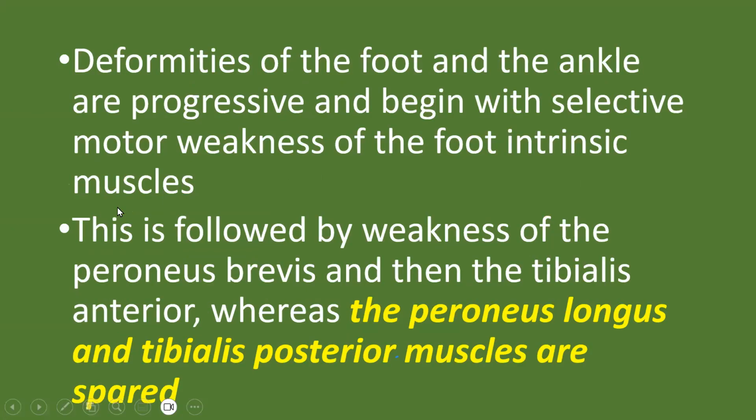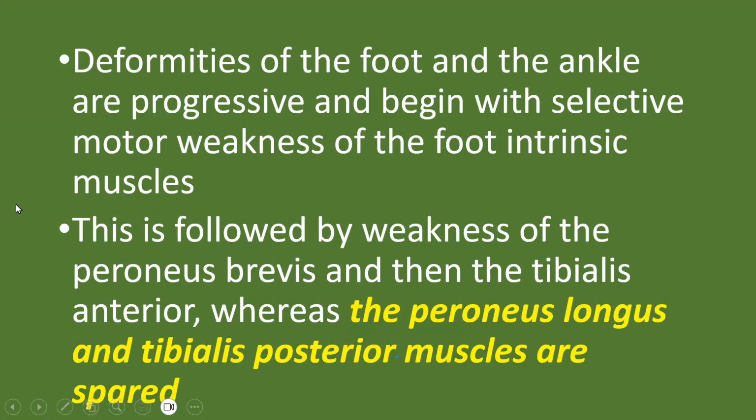Deformities of the foot and ankle are progressive and begin with selective motor weakness of the foot intrinsic muscles. This is followed by weakness of the peroneus brevis and then the tibialis anterior, whereas the peroneus longus and the posterior tibial tendons are spared.